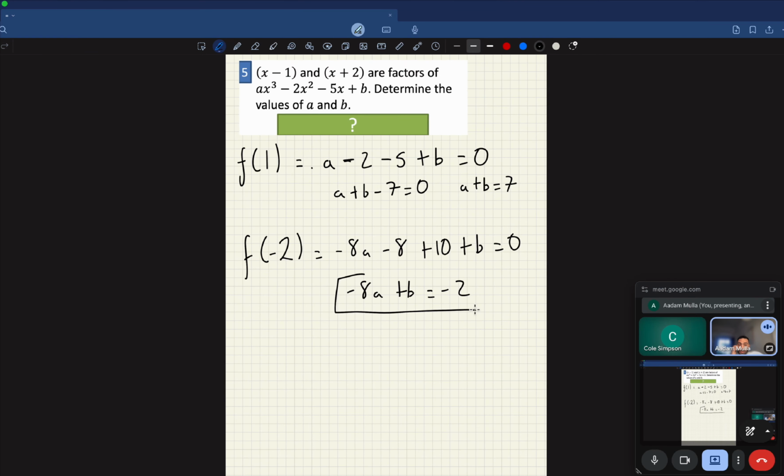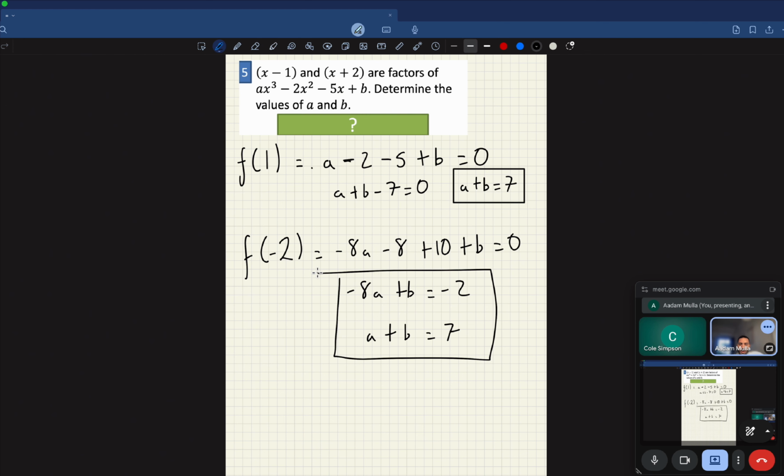And then if I just bring it all together, I get minus 8a plus b equals minus 2. With these, are you going to add them together or are you going to take them away? Take them away. Yeah, good. Tell me when you've got a and b.